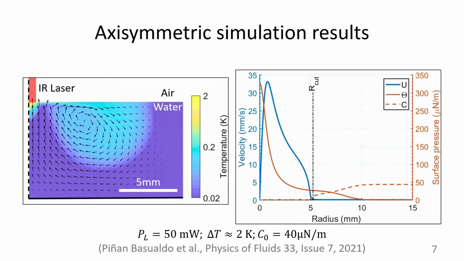So we can see that at some point the surfactant gradient completely compensates the temperature gradient, and at that point, which we denominate here, the flow is completely stopped. Just a quick mention here that the temperature increase is around 2 kelvins, so it's not very high.